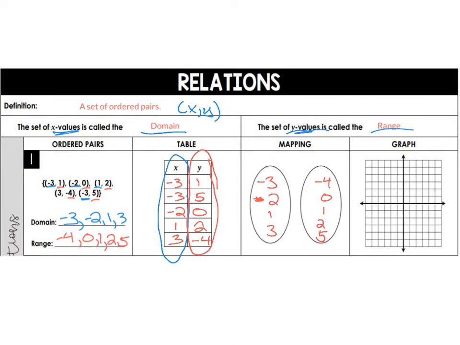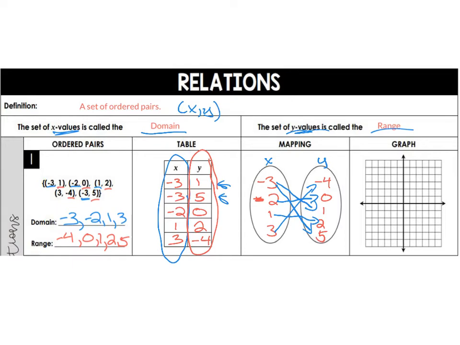We had a -3 paired with a 1. We had a -3, right? -3, 1, -3. Also coming off that same value, basically telling us that that one x value over here has 2 y values. As we look through, we had -2 going to 0. We had 1 going across here to 2, and then we had 3 drawn up here to -4.